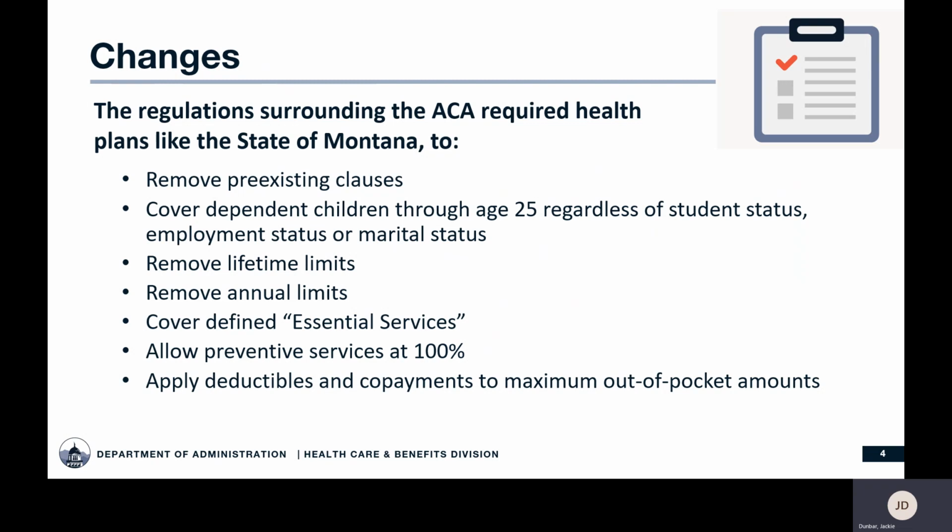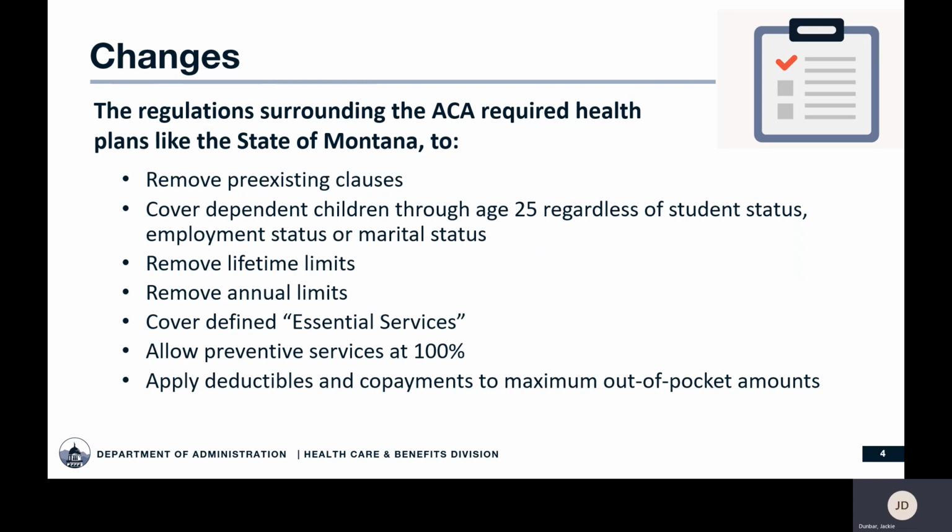Dependent children are now allowed to stay on the state plan through age 25, regardless of school status, employment status, or marital status. Previously, the state plan had maximum lifetime and transplant limits. We also had annual limits on rehabilitation services, skilled nursing, as well as other visit limits. Limits have been removed, and plan coverage is based on medical necessity.